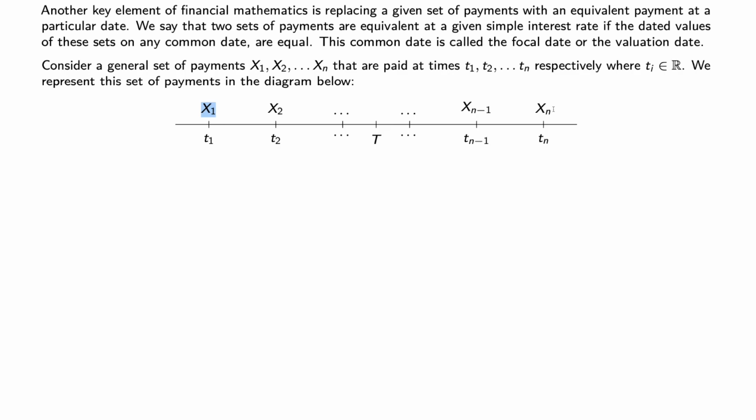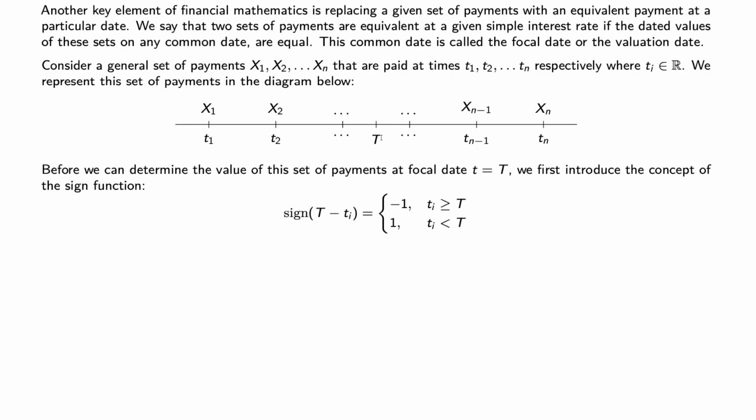And the opposite can be said of xn, where tn is sometime in the future, and so we'd have to discount our value xn back to the valuation date t. So to do that, let's define a few things first.